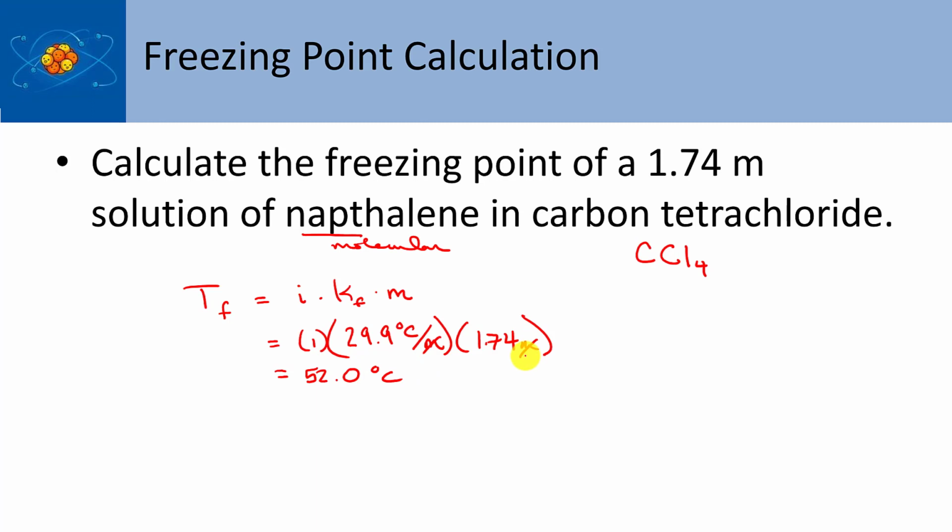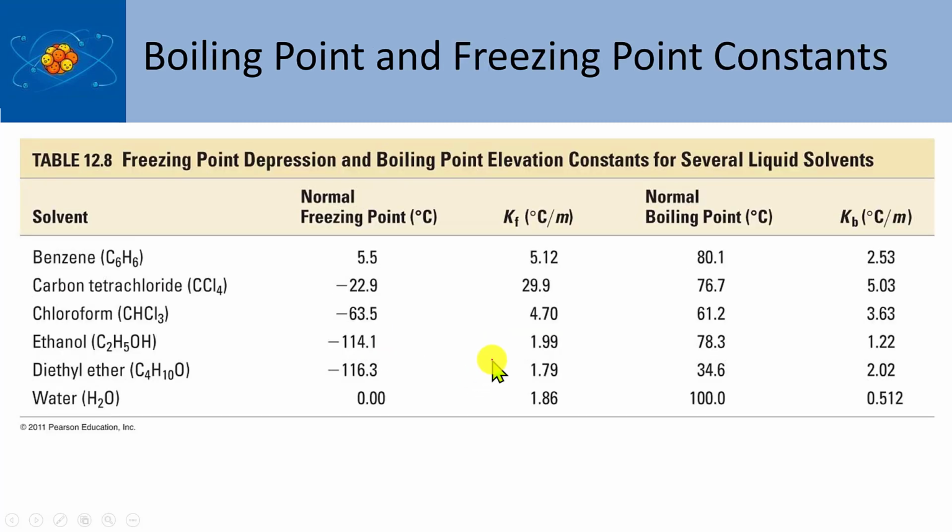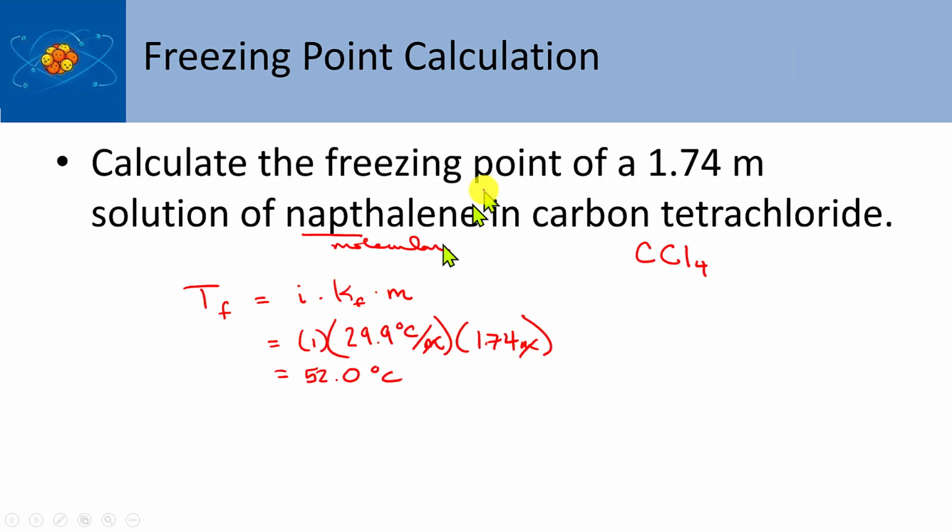Now, what's the freezing point of carbon tetrachloride? To do that, you have to go back and look at the normal freezing point for carbon tetrachloride. So it's minus 63.5 degrees Celsius. So this is a depression, right?